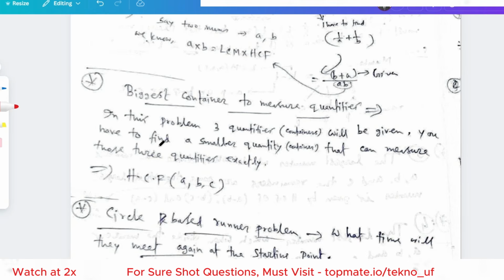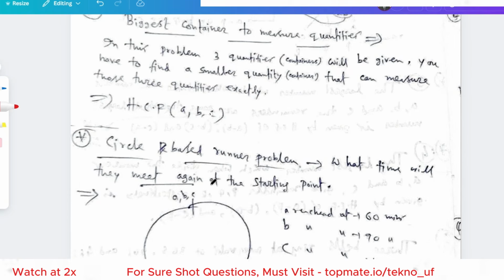You have to find a smaller container that can measure all those three quantities exactly. So there will be three bigger containers. If the question asks for a smaller container which can measure all the three quantities exactly, then the solution will be the HCF of A, B, C. Okay, that means the containers.